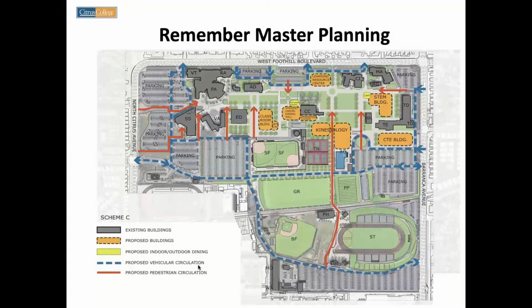So what a wonder that is. You do the CTE building first, get the build out done, you have your grand opening, and then all of a sudden the folks that are in the other 2 buildings directly to the north, they move all of their goods, all their educational program, all the faculty, all the students move into a brand new space, thereby leaving those 2 buildings open.